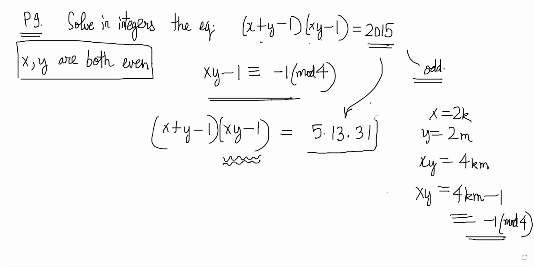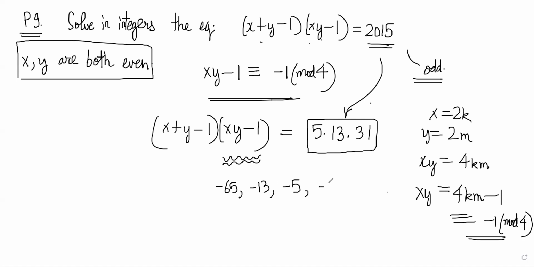Looking at the factorization of 2015, you should realize that the possibilities for xy minus 1 could be minus 65, minus 13, minus 5.